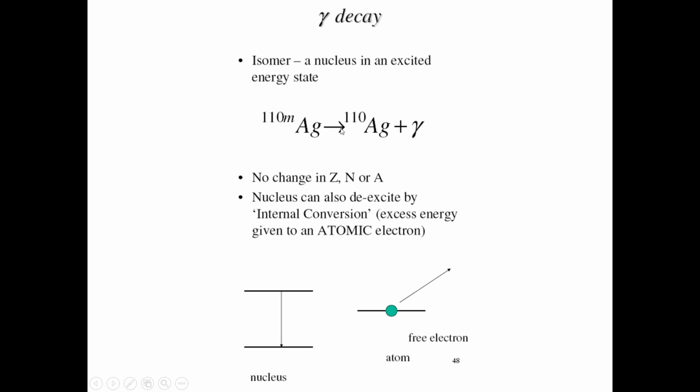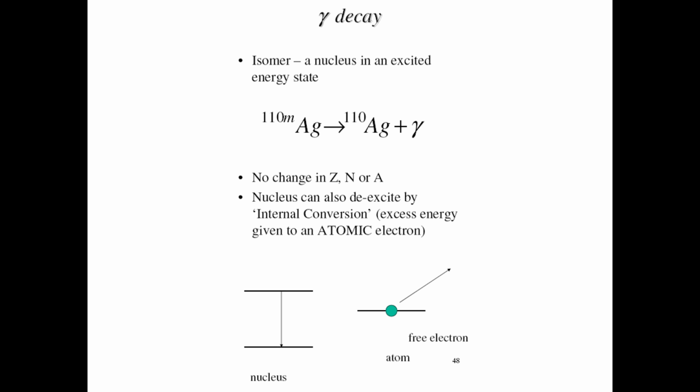When it de-excites, it simply emits the energy in the form of gamma radiation. What does it mean? It means that there is no change in the number of protons, neutrons, or atomic mass. The total number of neutrons, protons, and the atomic mass remain the same.